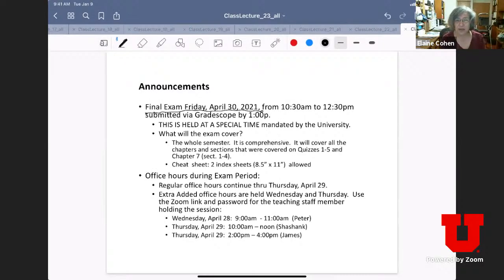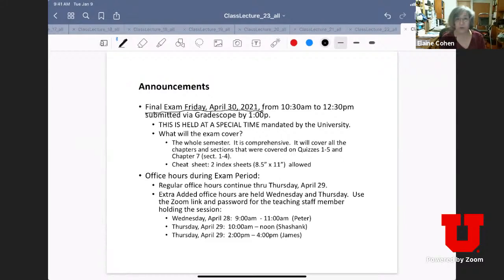This time is special. It's mandated by the university. I don't set it. The university has to figure out how to do exams for 20,000 students, and that's a matching problem. That's a graph problem, by the way.